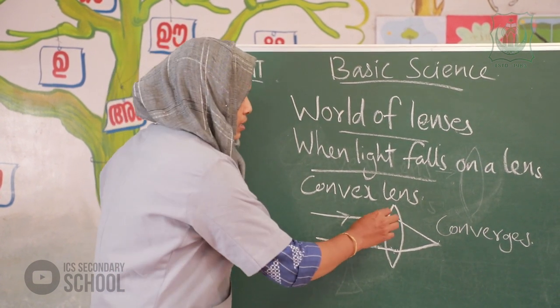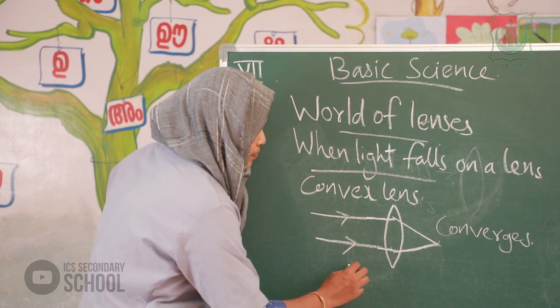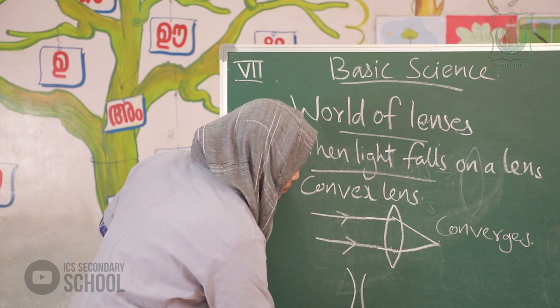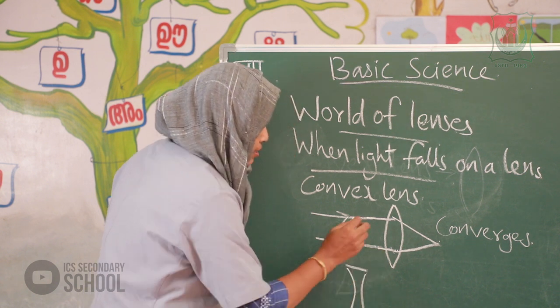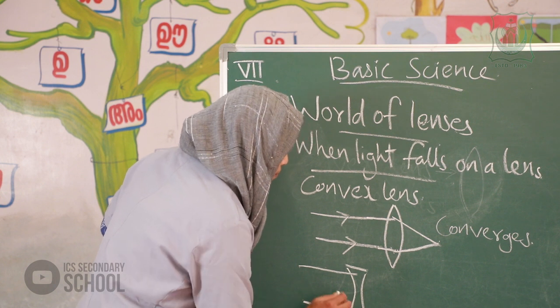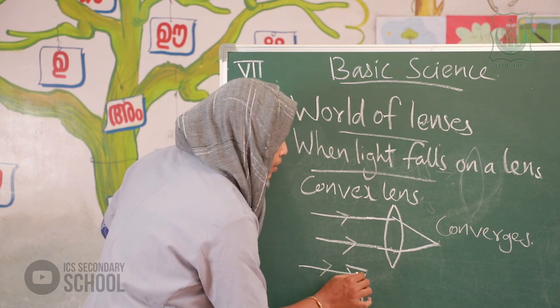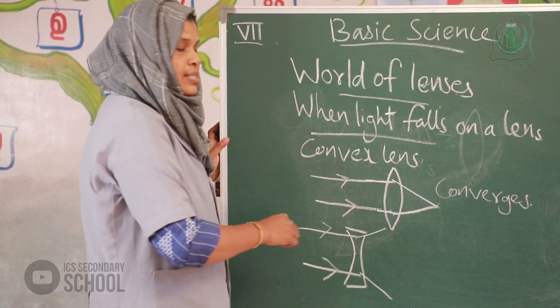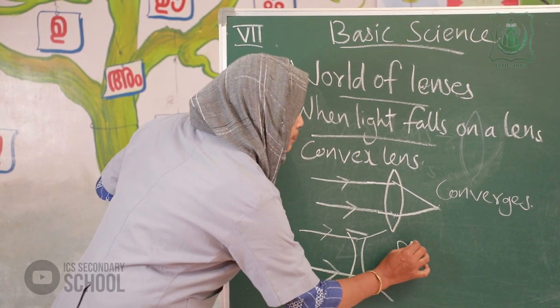Then place a concave lens and pass a light beam. It diverges. This means diverges.